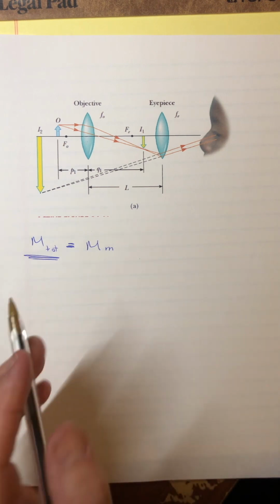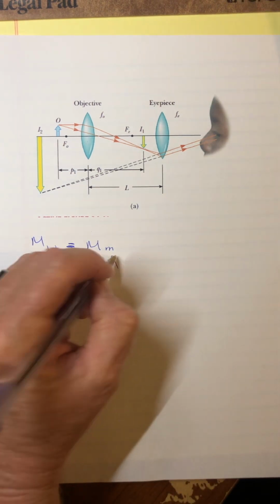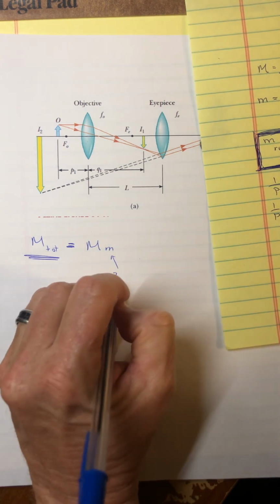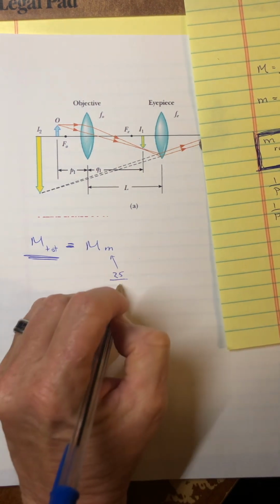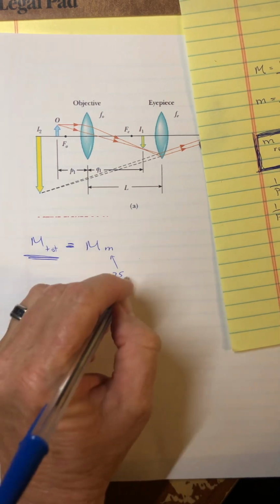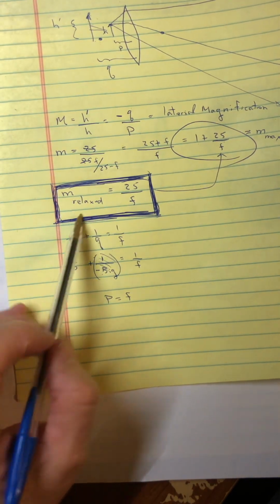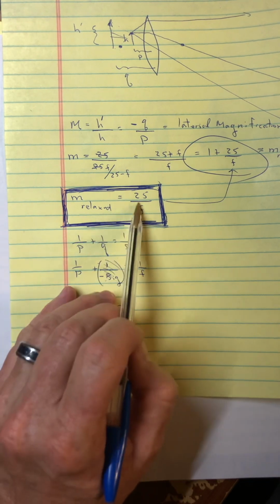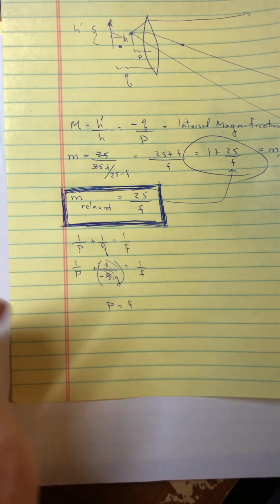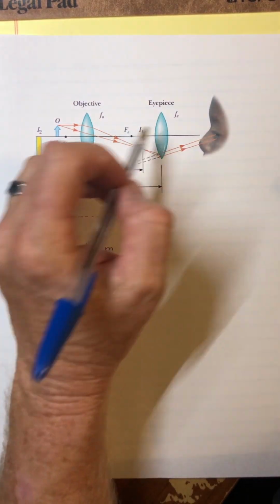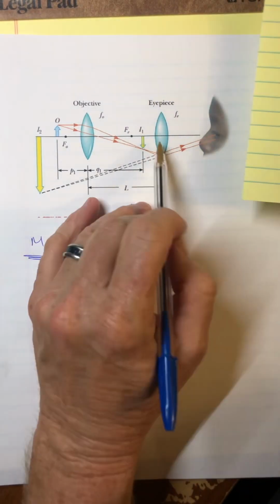So in other words, this right here is really going to be my 25 divided by the focal length of my, and I'll put a little e for my eyepiece. And so that's kind of the thinking of this compound microscope: I'm going to use the second lens, the eyepiece lens, as a simple magnifier of this first one.